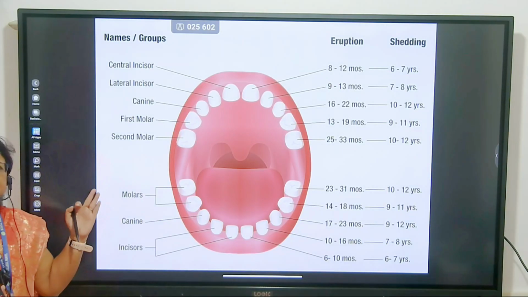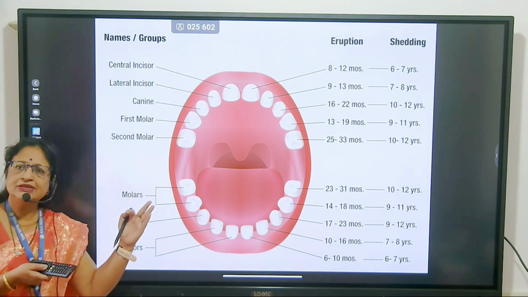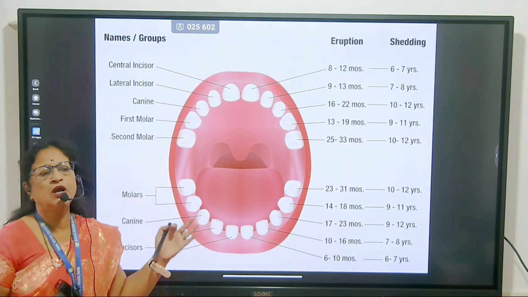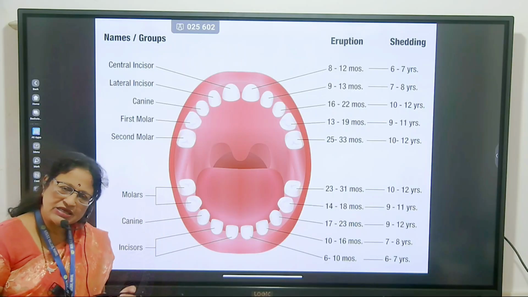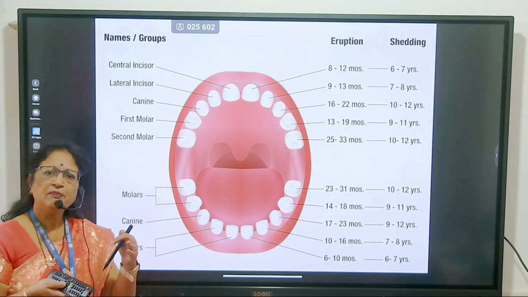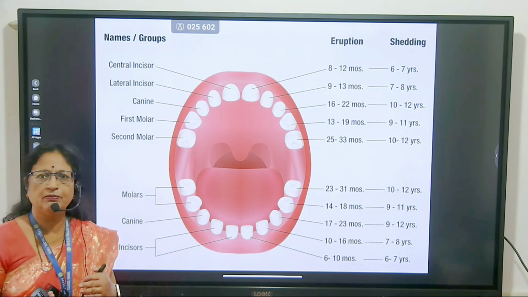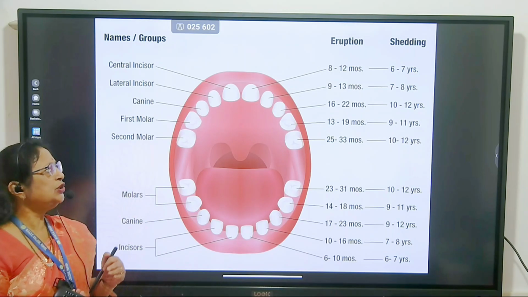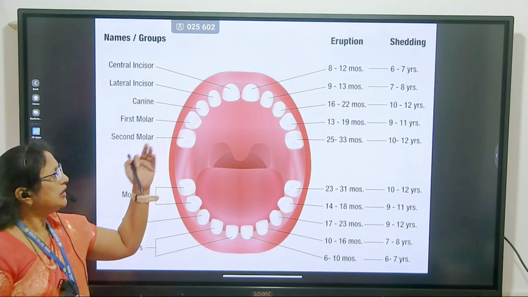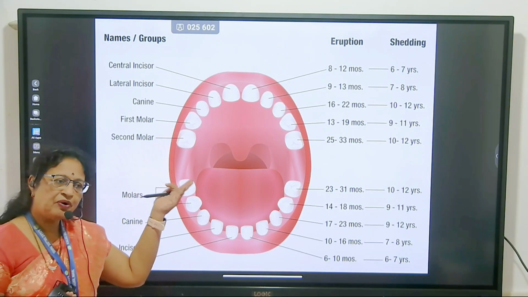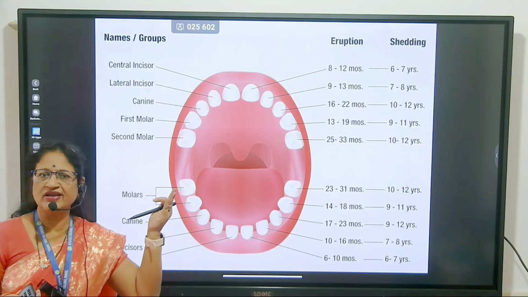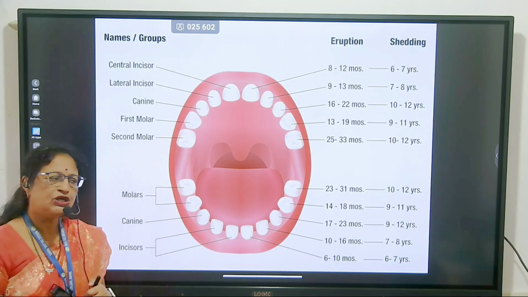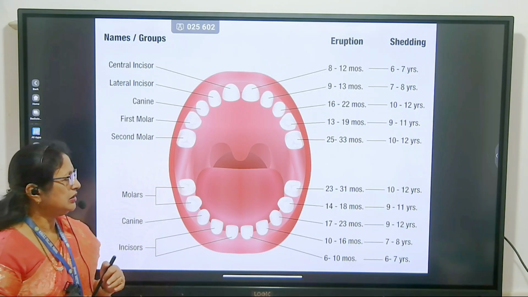Now, see, this is about the eruption and shedding period of the teeth in the deciduous or milk set of teeth in human beings. At the age of 8 to 12 months, the eruption of the first incisor, which is called the central incisor, takes place, and it sheds off at the age of 6 to 7 years.